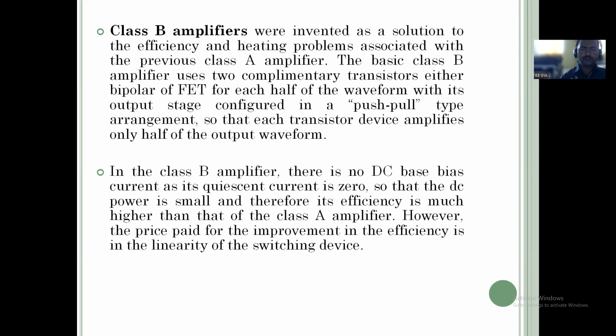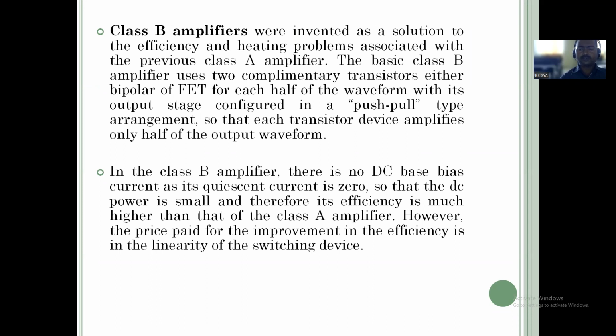In a class B amplifier there is no need for DC bias. DC bias means the DC voltage applied across your transistor. Due to that DC voltage, noise is added, because the transistor requires the AC signal, but in that case a DC signal is added to it.